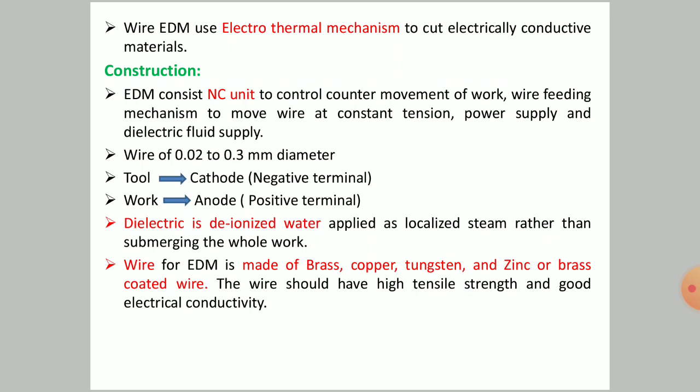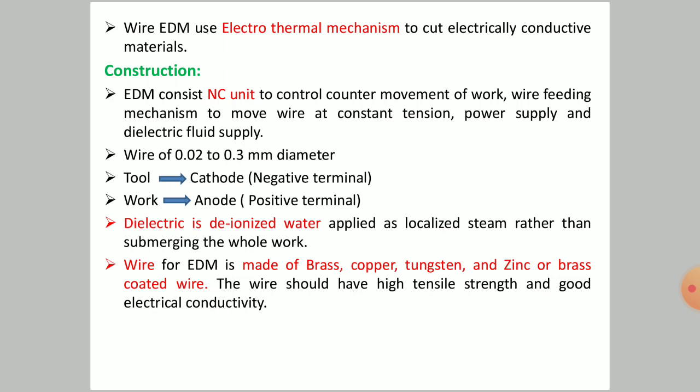EDM consists of an NC unit, a numerical controlled unit, to control the contour movement of the work, a wire feeding mechanism to move the wire at constant tension, power supply and dielectric fluid supply. Wire of 0.02 to 2.3 mm diameter is utilized, and similarly the tool and workpiece are made cathodic and anodic respectively.